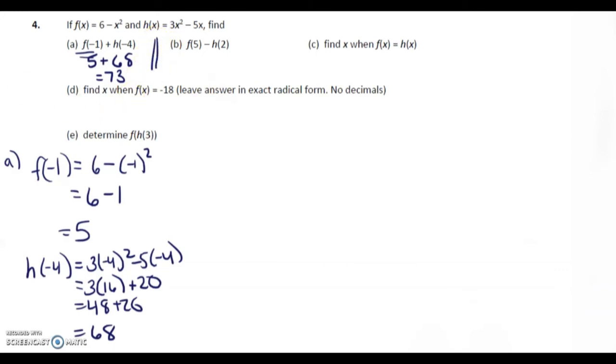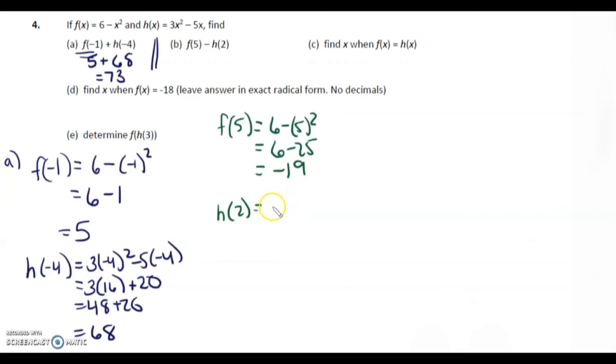Okay, so let's try f at 5, and then we'll find h at 2. Okay, f at 5 is 6 minus 5 squared, which is 6 minus 25. I get negative 19.